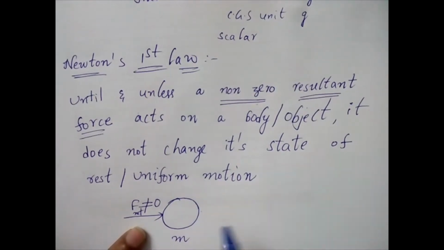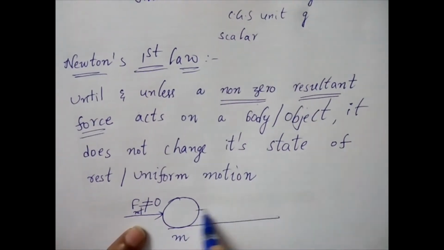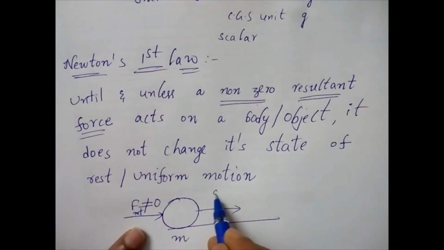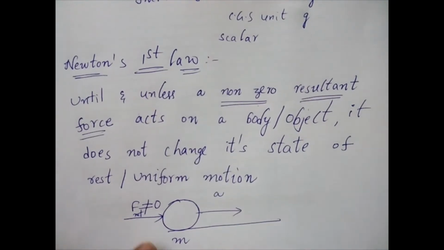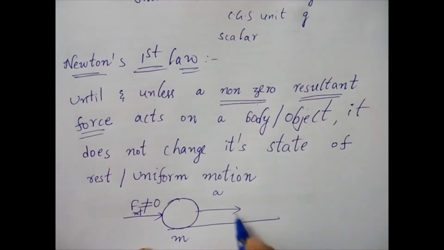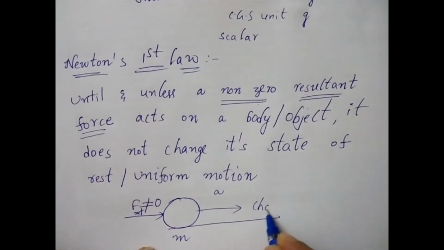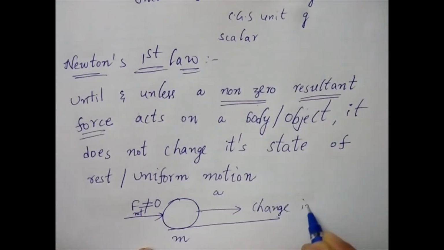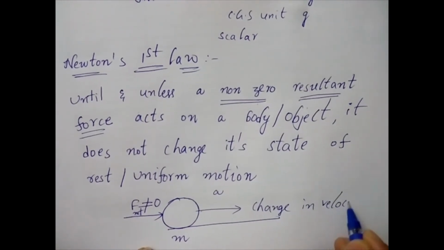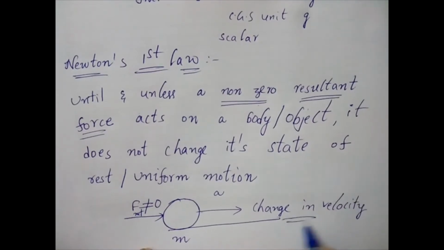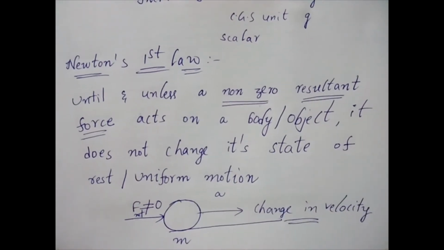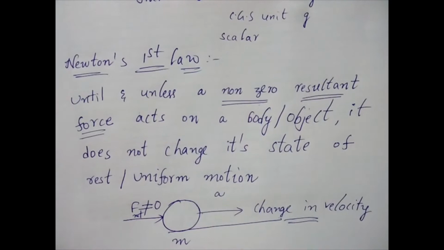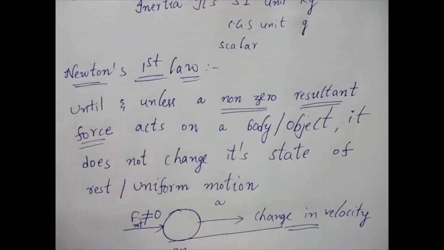Only in this case the object starts moving, there is some acceleration developed and it starts moving, there will be change in the velocity. So this change in the velocity depends upon the inertia, that is nothing but mass. If you have more mass, you should apply more force.